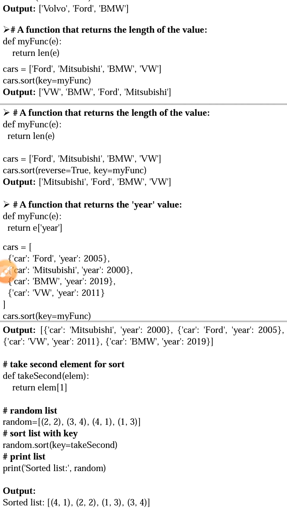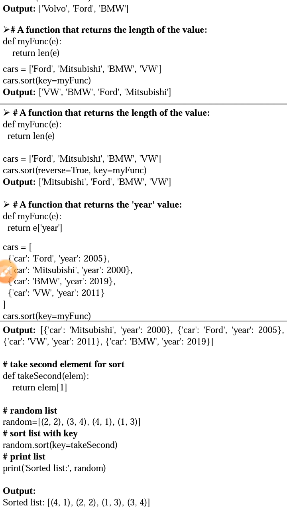As I have not used the reverse parameter, by default it will sort all the elements in ascending order based on the length of each element. As the length of VW is smallest, hence VW, afterwards BMW is 3, and afterwards the length of Ford is 4, at the end Mitsubishi is taking 10.